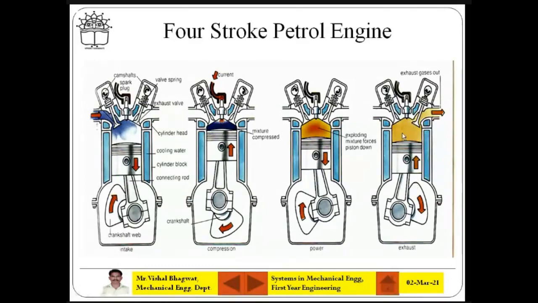Now all the burned gases, CO, maybe CO2, then burned hydrocarbons, NOx and HC, will be sent out. This is going through the silencer. You have seen the silencer of your bike, right? So through the exhaust pipeline, it goes out into the atmosphere.